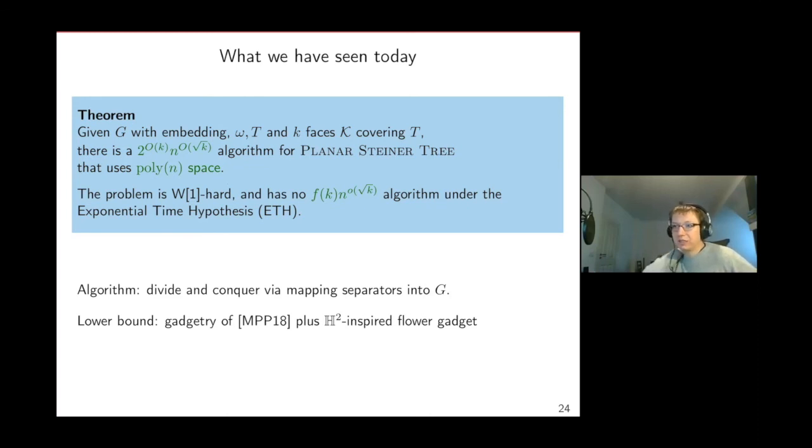For the lower bound, we heavily used the gadget tree from this other paper, but you needed this hyperbolic idea to make progress ultimately, but it all worked out to get this n to the square root k lower bound.